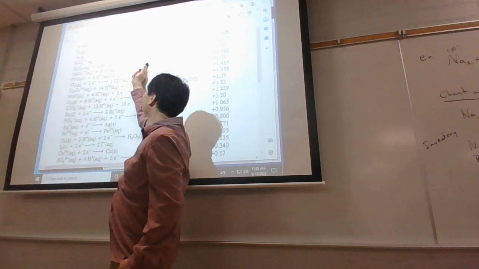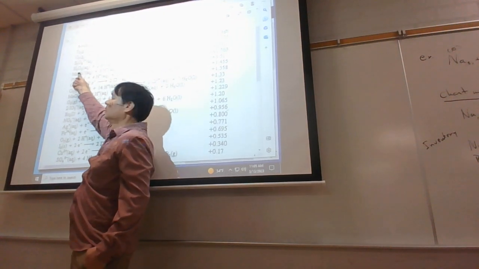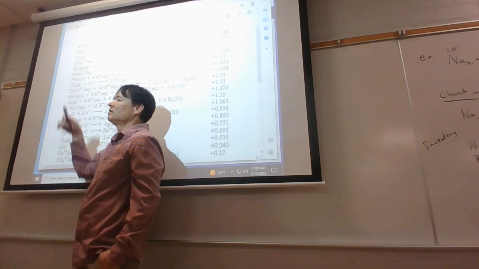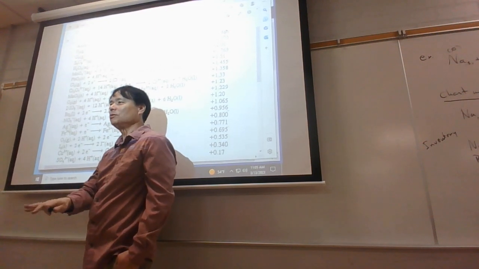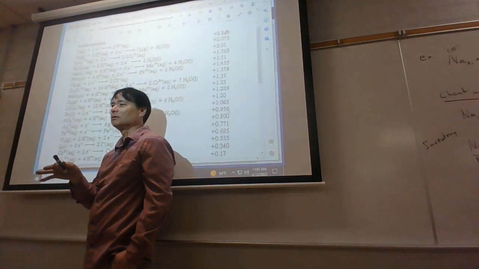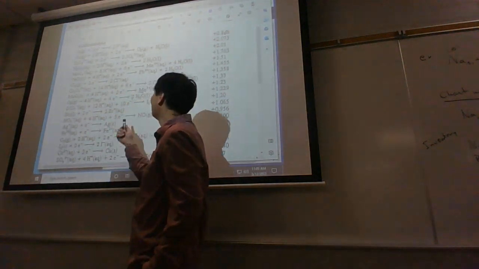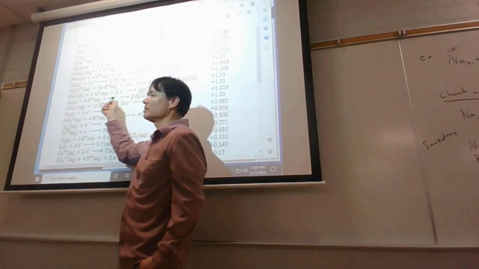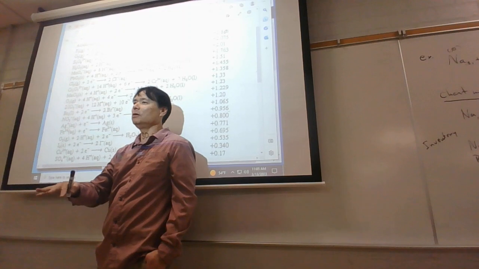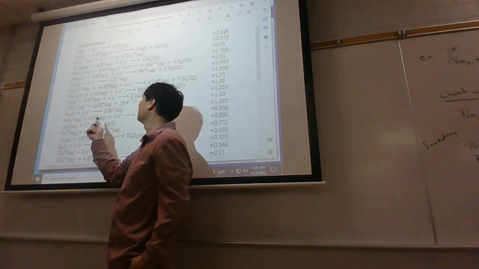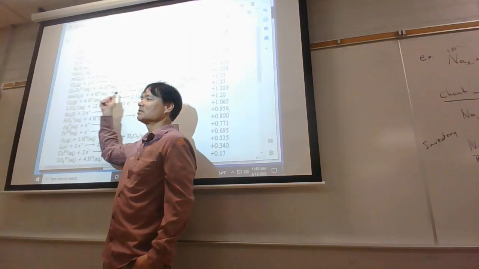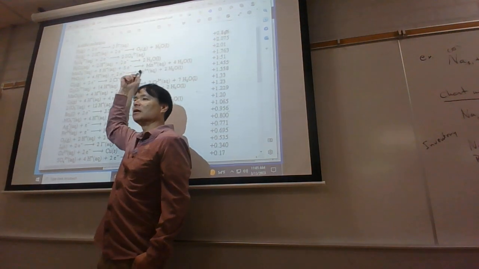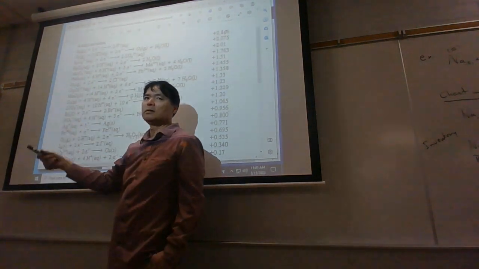O2. If this H2O reacts, what does it form? H2O2. Which one's more stable, O2 or H2O2? O2. And so this one is going to be more favorable because it's going to form more stable products. And so we're going to pick the stronger water because it's going to form more stable products than the weaker water up here. And so we pick this one.